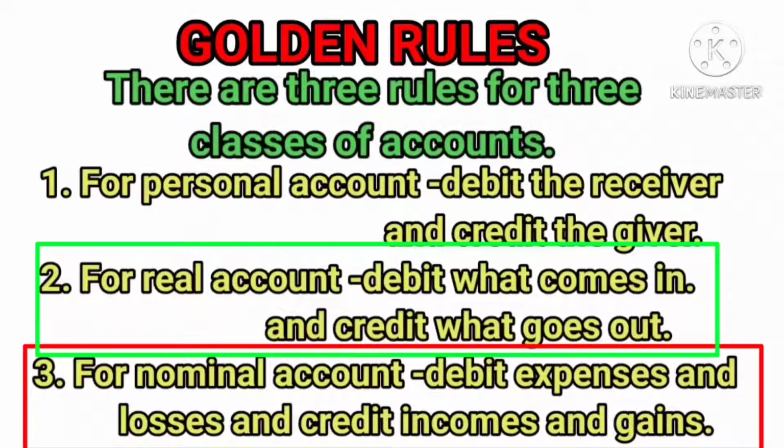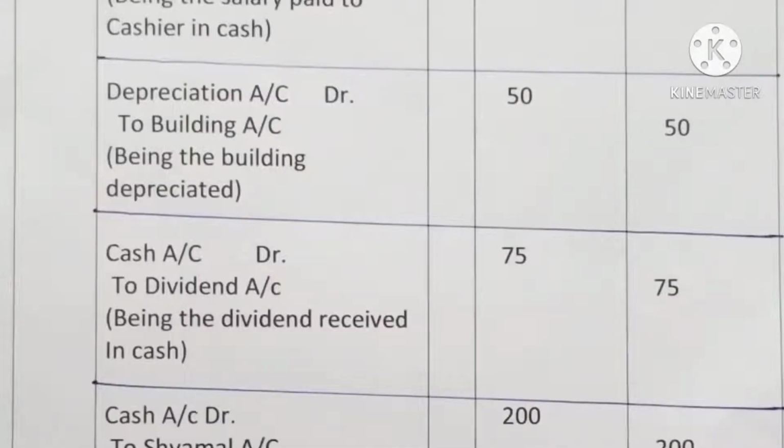If the valuation of an asset increases, then it will be debited, and when the valuation of the asset decreases, then it will be credited. So here building account will be credited. So we write in the journal depreciation account debit to building account rupees 50 each. Narration will be being the building depreciated.